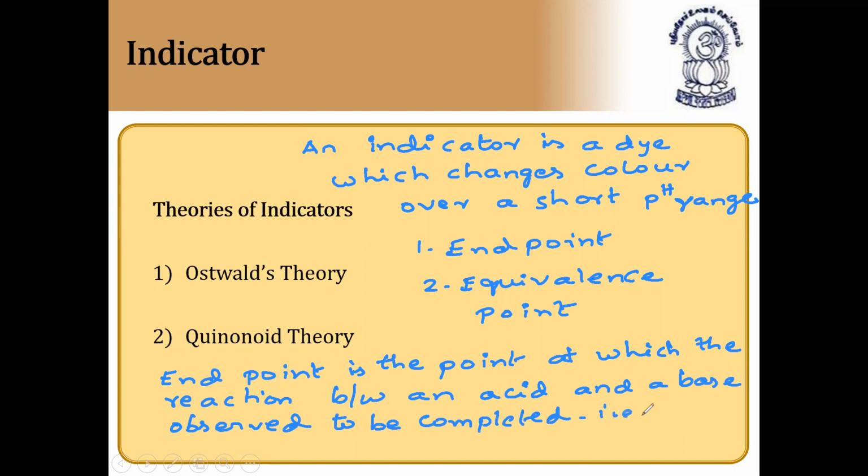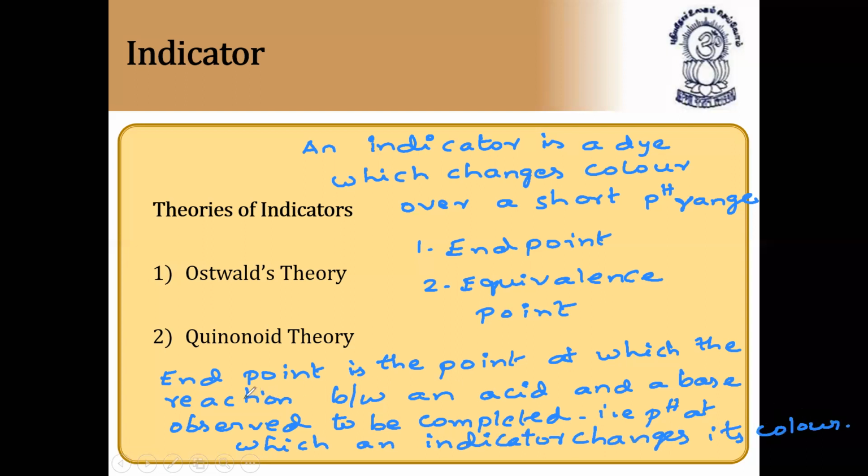That is the pH at which an indicator changes its color. So this is called an indicator end point.